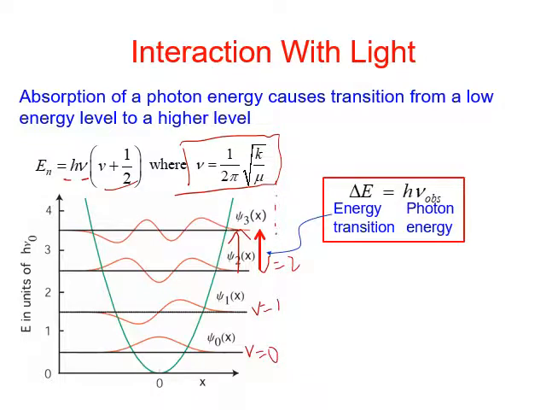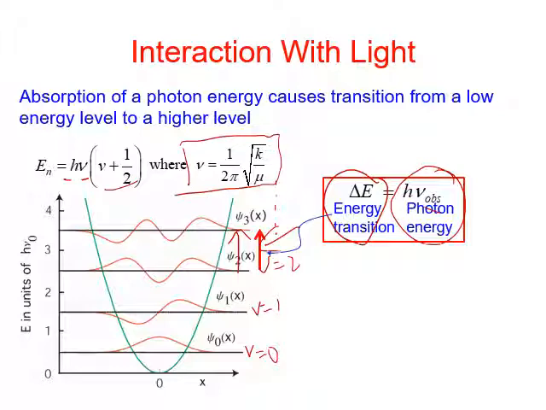In this equation, delta E is the energy difference between two energy levels of the molecule, and on the right side is the energy of one photon. The photon energy is Planck constant times frequency nu of the photon, and obs means absorption. So if that happens, the molecule will absorb this photon energy.